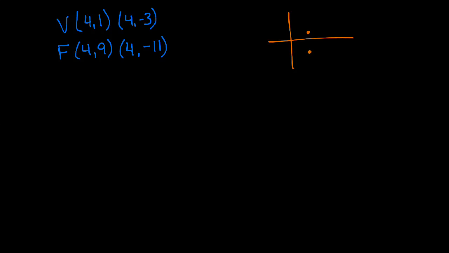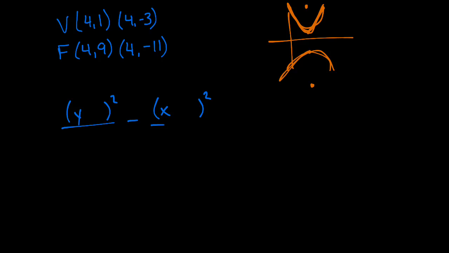And we have foci at (4, 9), so pretty far up there, and (4, -11), so pretty far down there. But what this lets us see is our hyperbola is going to be opening up and down. So this is a y squared minus x squared. So we can set up our general equation. So it's going to be (y something) squared over something minus (x something) squared over something equals 1.